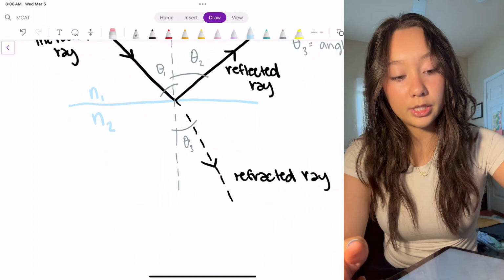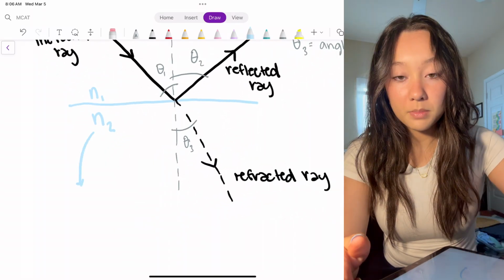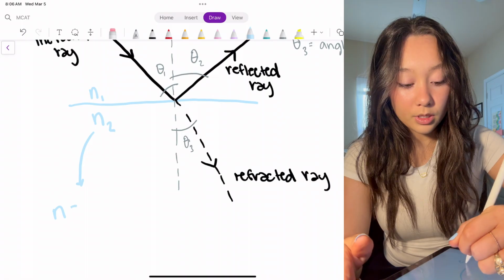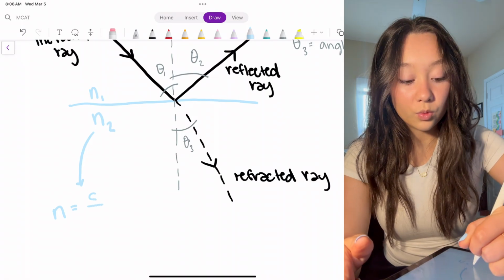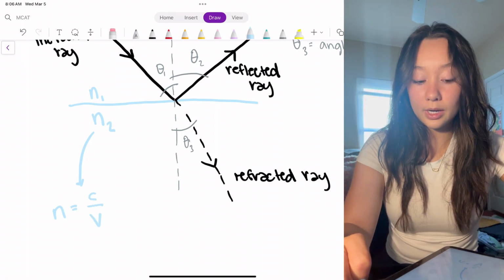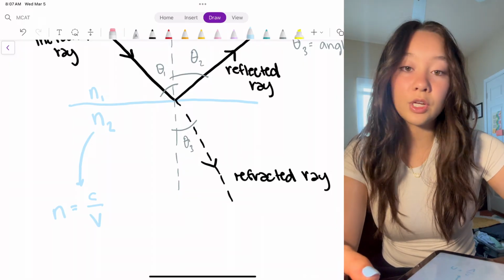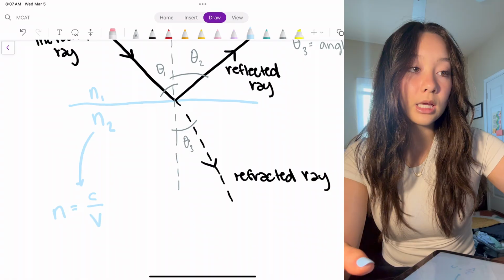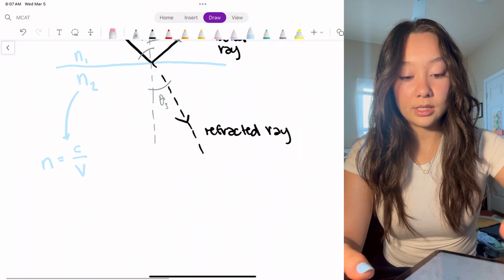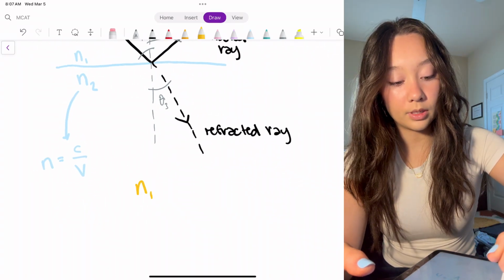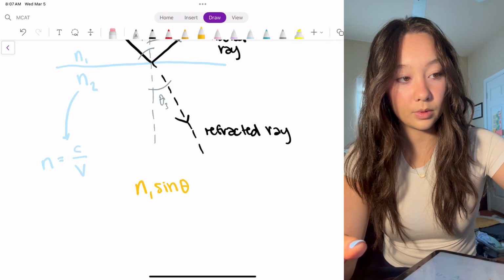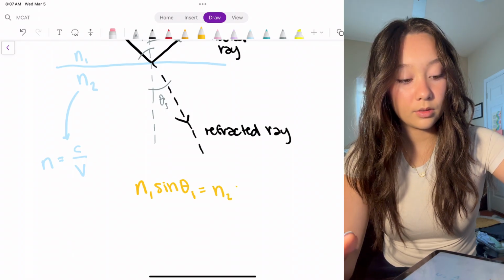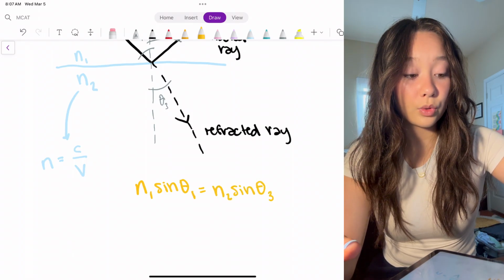So first, the relationship between these mediums is going to be the speed of light over the velocity of the ray. And that's not something that you can change with the depth or the length or anything. It is a constant property. Now talking about the angles of incidence, we have N1 sine theta 1 equals N2 sine theta 3.